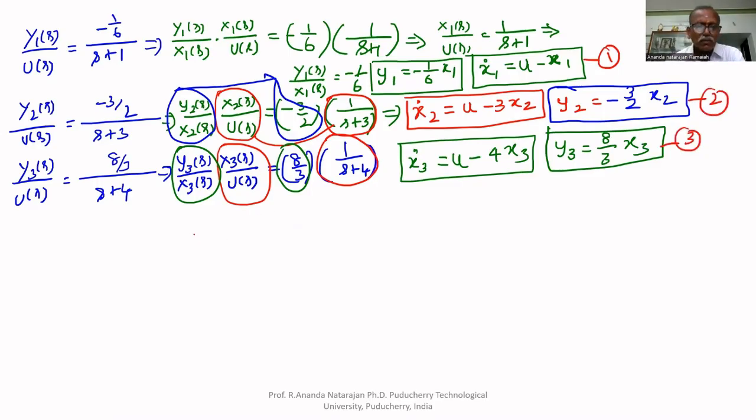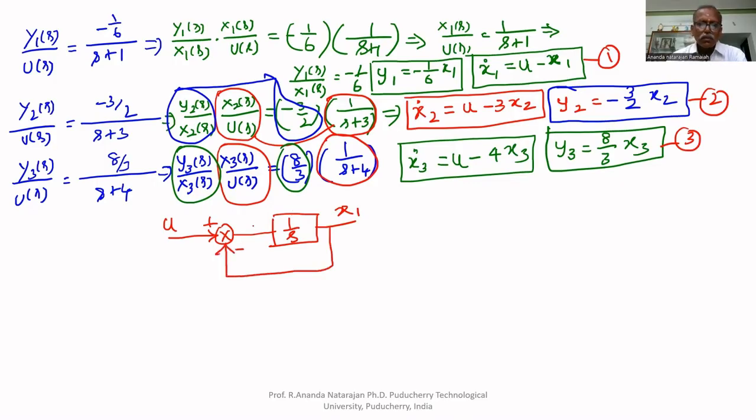First one is, u is the input and 1 by s, x1 is available, minus x1, u minus x1 equal to x1 dot. If you integrate that, you will get x1, y1 equal to minus 1 by 6 times. This is y1.